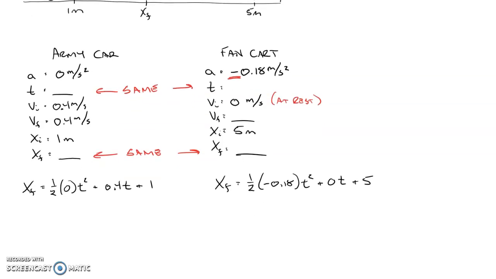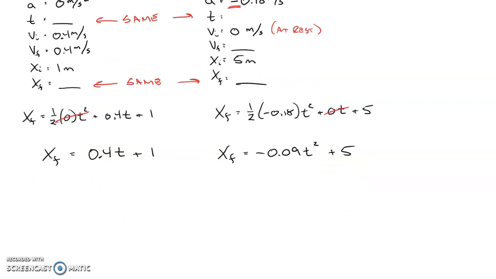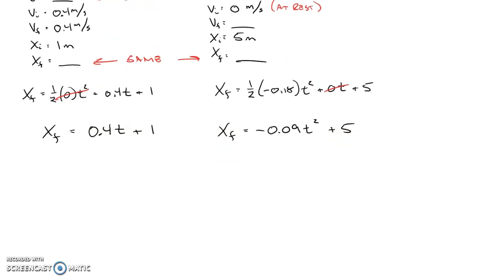And we can clean up those equations because those zeros basically wipe out those terms. And you get a simplified constant velocity equation for the army car. And for our fan cart, you get negative 0.09 t squared plus 5. So you now have two functions describing the motion of each car in terms of time and position. We have a system, and now we're going to solve the system of equations.